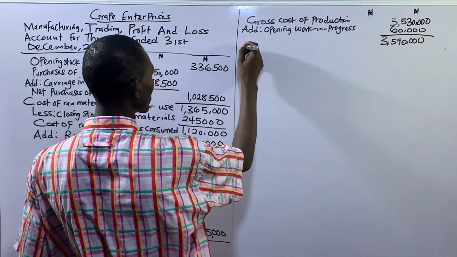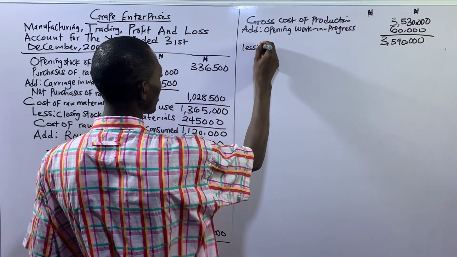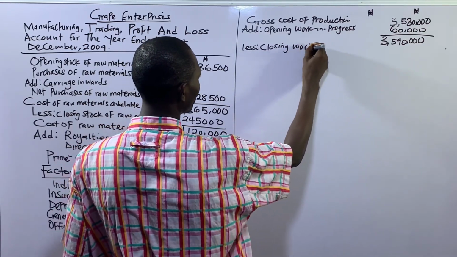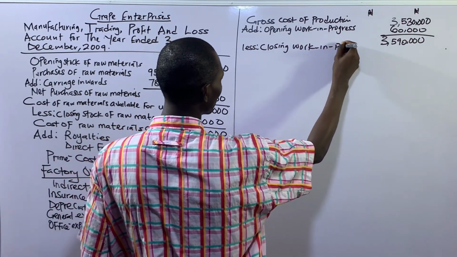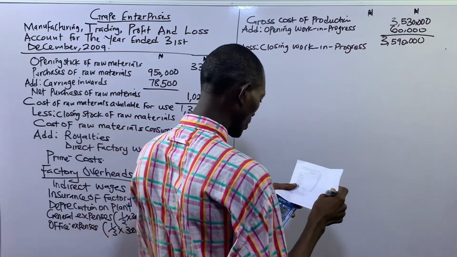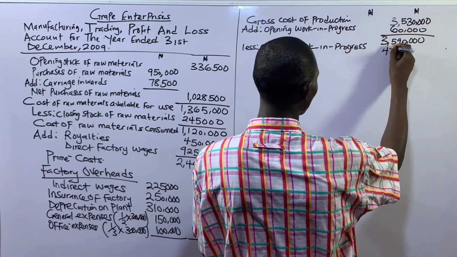Then we less closing work in progress. And that's towards the end of the question. We have it to be 47,500.